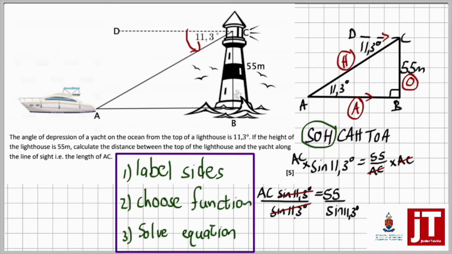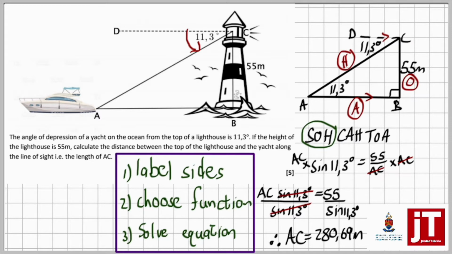So I am going to divide both sides by the sine of 11,3. On the left, they divide away, leaving me with an answer for AC of 280,69. Interesting little question.